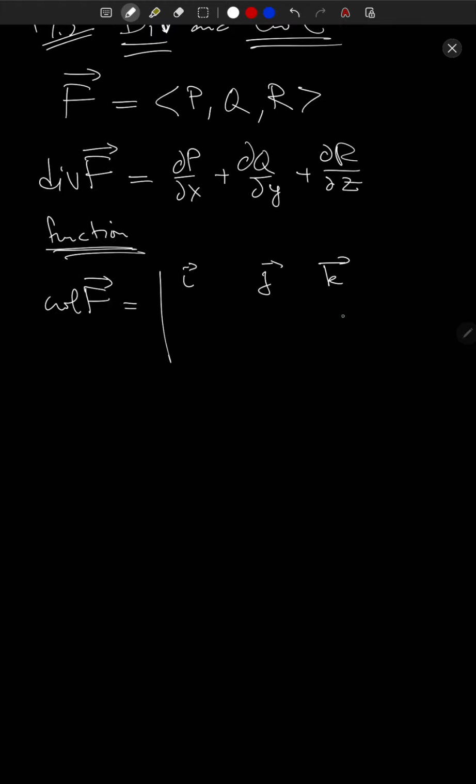But last time, in the Green's theorem section, the curl was a function, but this time it's actually going to be a legitimate vector field. So i, j, k, and then we're going to put d/dx, just like what we did in 2 dimensions, d/dy, d/dz. But this time we're actually going to have stuff to differentiate: P, Q, and R.